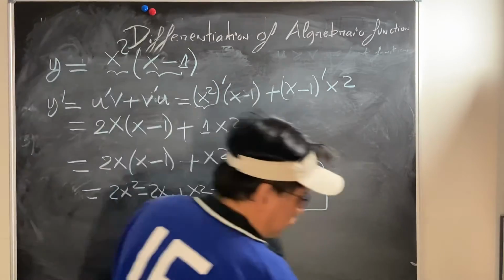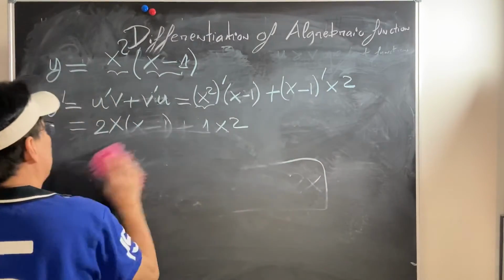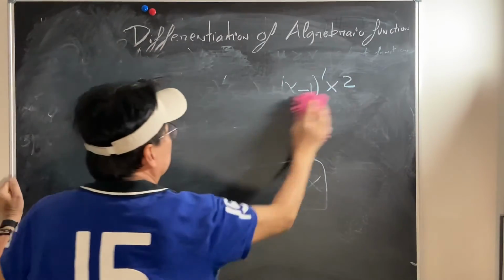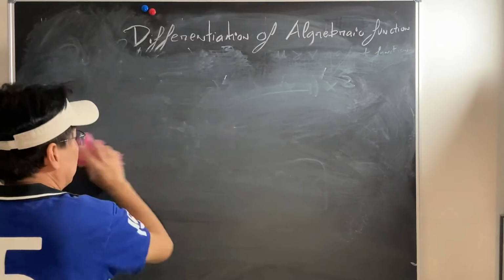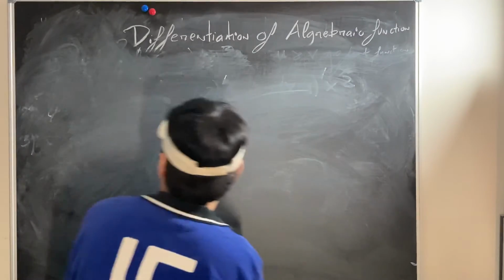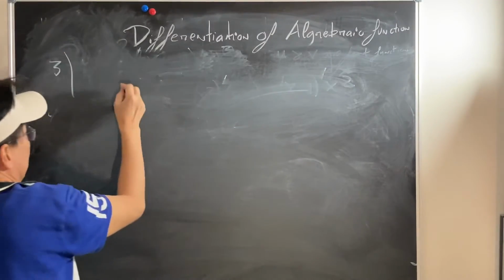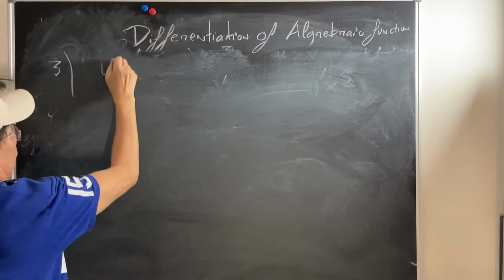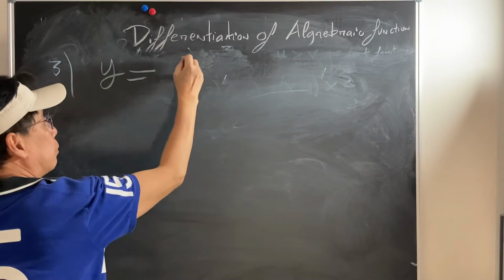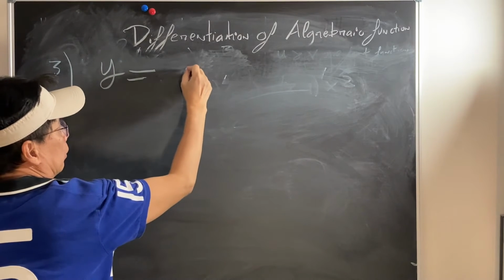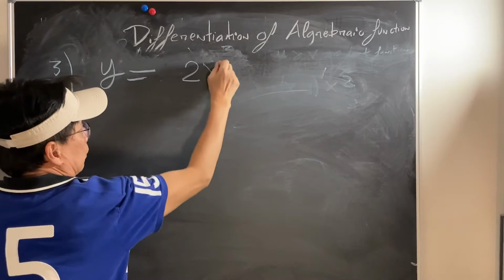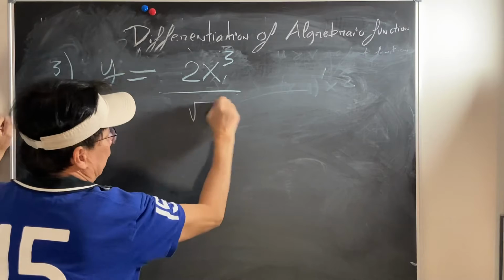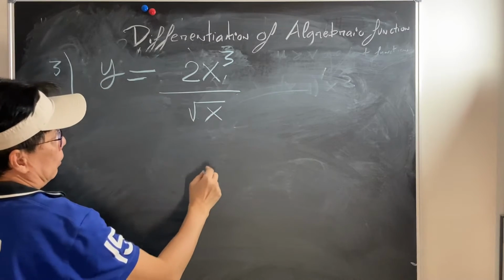Now, go to the quotient rule. Suppose you have y equal to 2x cubed divided by the square root of x minus 1.